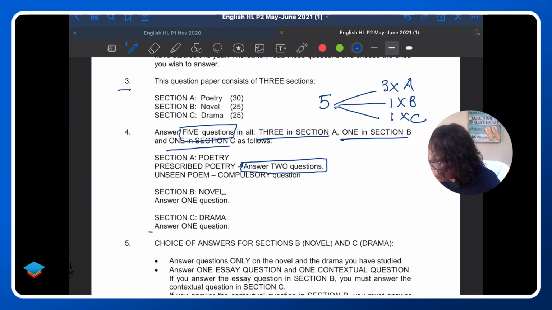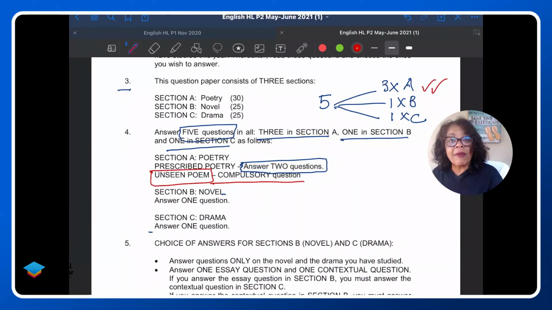In other words, you would not have seen this poem at all, and you will be tested on your ability to analyze the stylistic techniques that are used when poets write their poems, right? So it'll be an unseen poem, and this is very important. It's a compulsory question. Can you see where the 3 questions come from in section A? Your 2 prescribed poems and your 1 unseen poem.